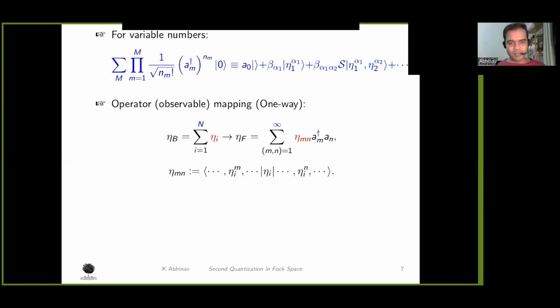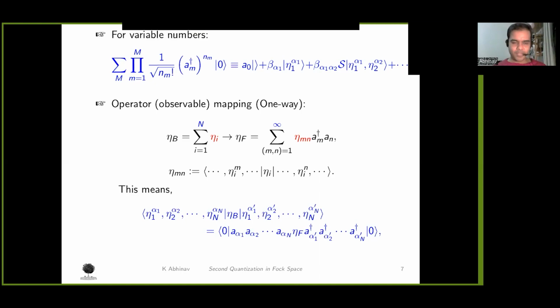So that's why this mapping is only one way, from single particle bosonic space to the Fock space. Physically this means if you take the expectation value of eta b in the bosonic space, and the expectation value of eta f in the Fock space, they must be equal. And it turns out that they are equal just because we have a map between eta i and eta mn.